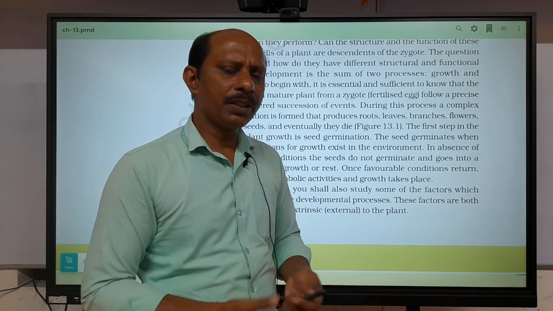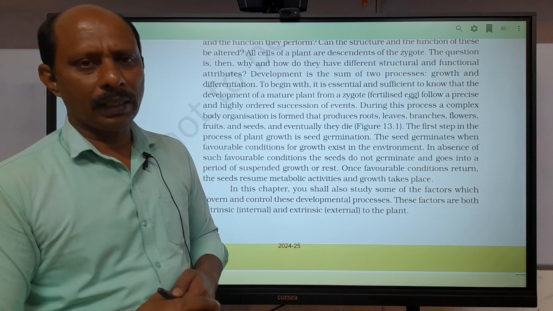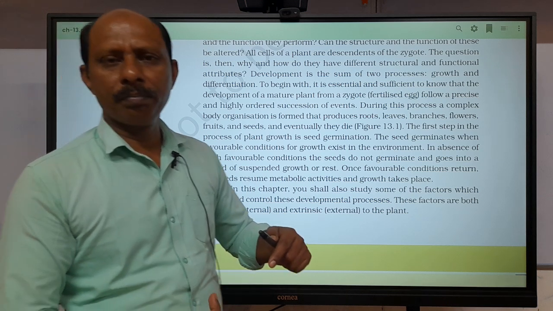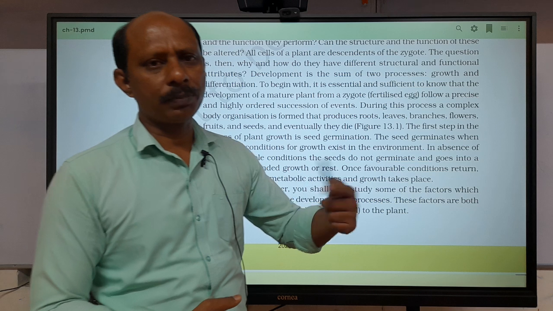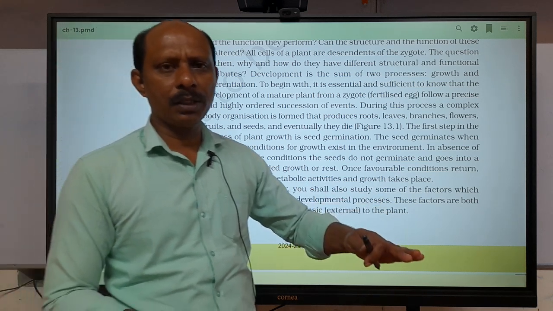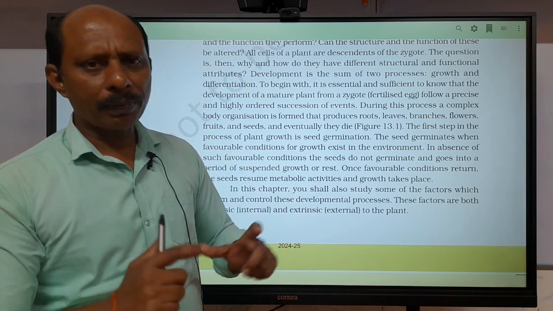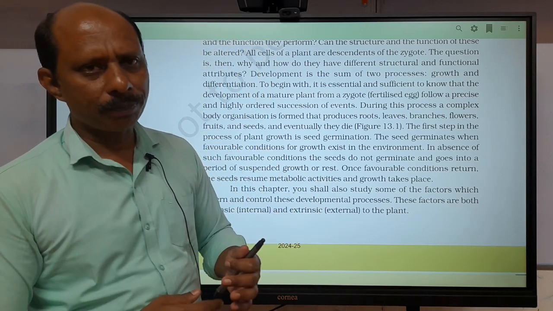Some mature parts of the plant again dedifferentiate, like cambium, interfascicular cambium, right? They again start division and form meristematic tissue through dedifferentiation, and now again these meristematic tissues convert into permanent tissue, and this one is called redifferentiation, right?